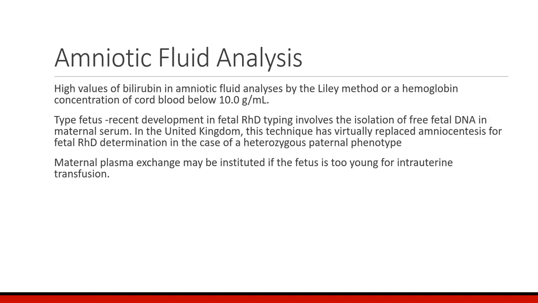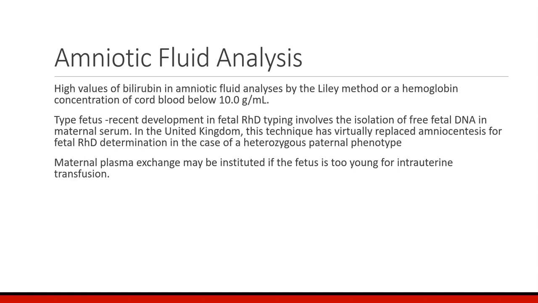We'll type the fetus. Recent development in fetal RhD typing involves the isolation of free fetal DNA in the maternal serum. In the United Kingdom, this technique has virtually replaced amniocentesis for fetal RhD determination in the case of a heterozygous paternal phenotype.